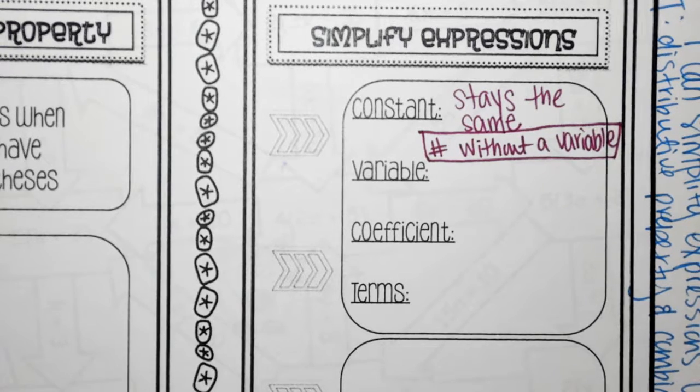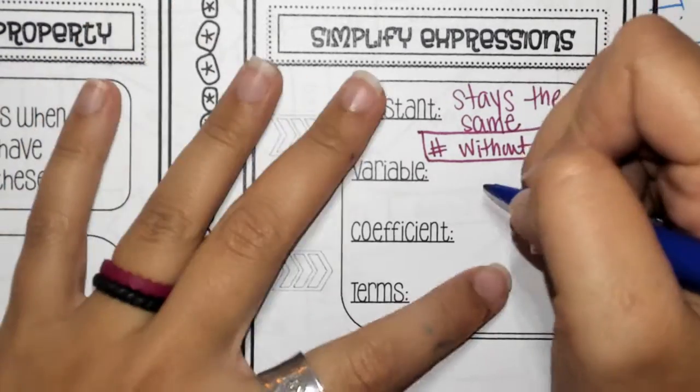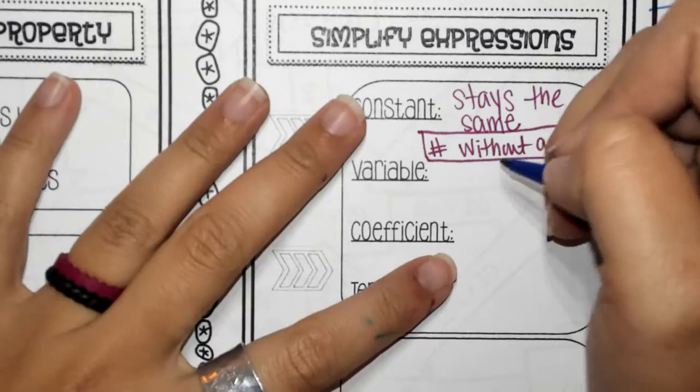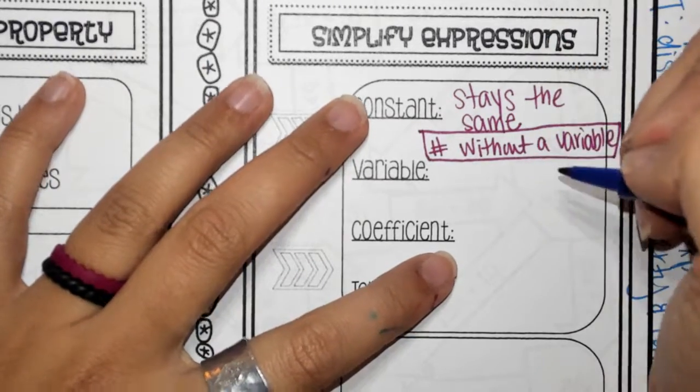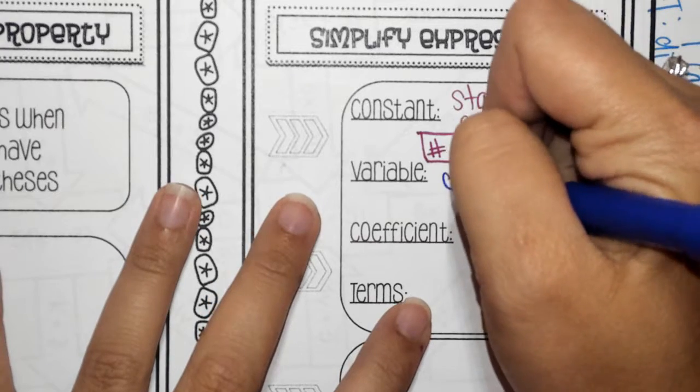What's a variable? Something that represents the unknown. It's a letter that represents a number. Does it change? Yes. It can be anything in the whole wide world. So a variable changes.